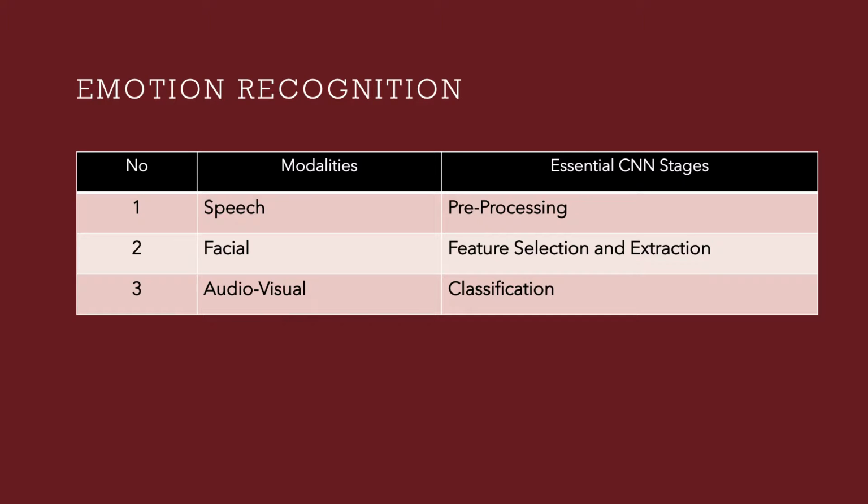There are three important tasks to perform the emotion recognition, and these are the essential CNN stages, known as preprocessing, feature selection and extraction, and classification. This study focuses mostly on the patients and helps the doctors in the early diagnosis of depression.